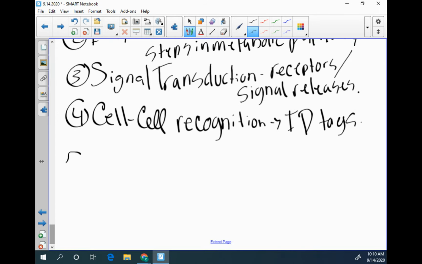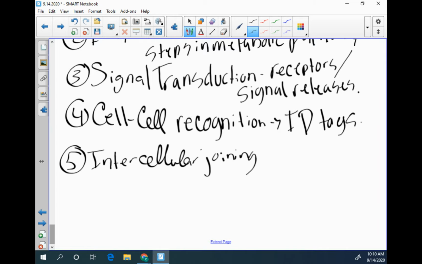Also, intercellular joining. We talked about these with our tight and gap junctions. Those tight junctions are just proteins that hold cells really, really closely together.